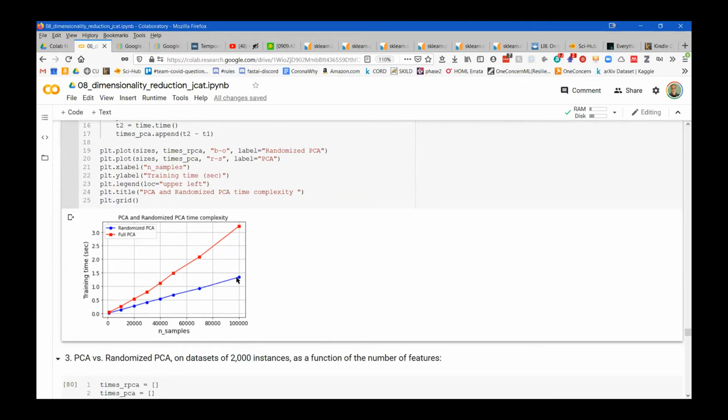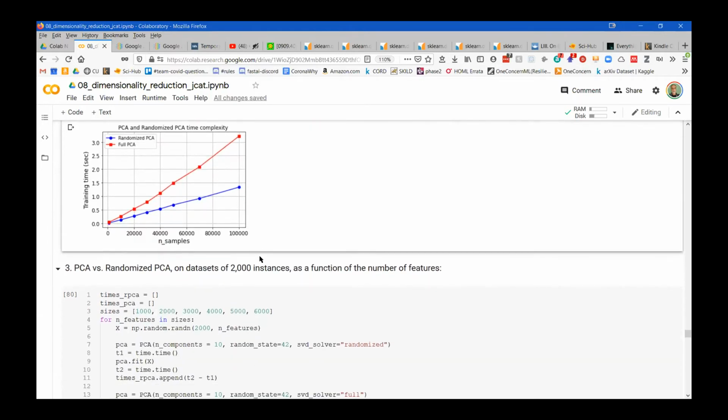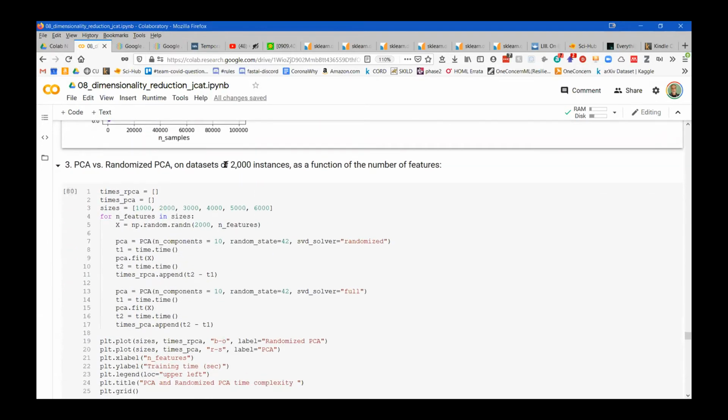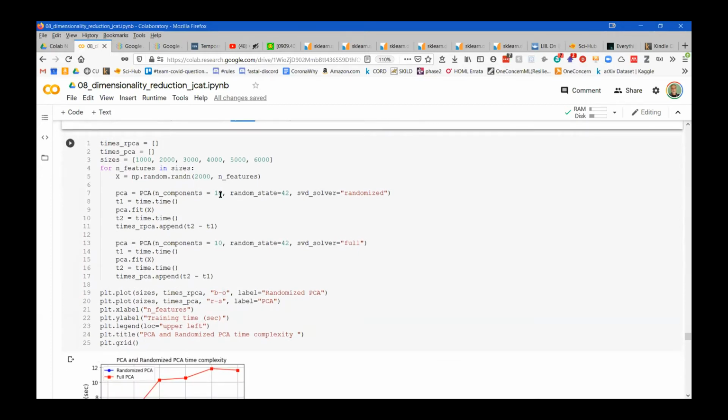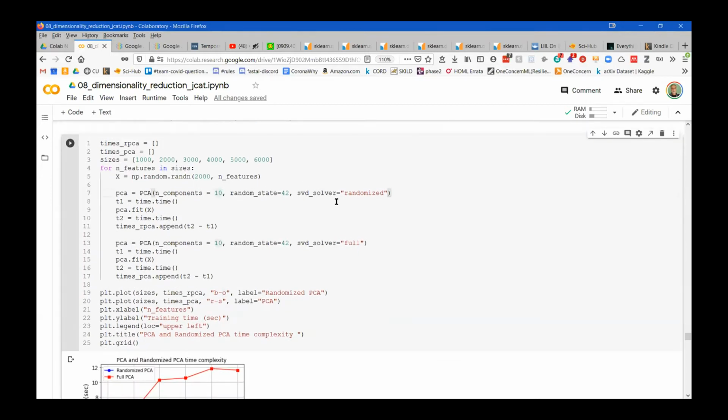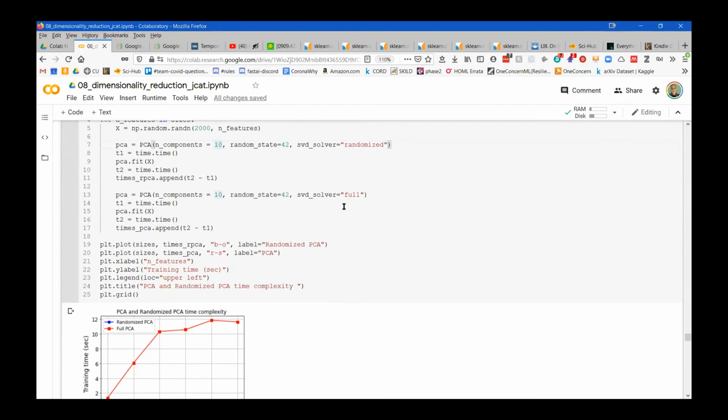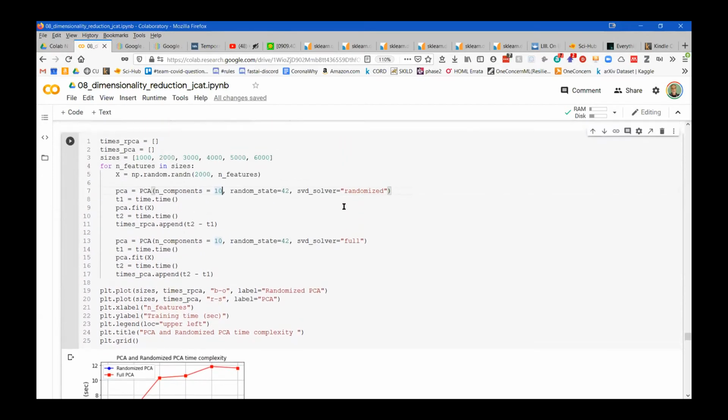a significant speed advantage in training. And then in the next example, he fixed the data set to 2,000 instances, and he's looking at the time complexity as a function of the number of features, going from 1,000, 2,000, 3,000, and so on. I left that the same, except his number of components was 5, and I made it 10 just to make it a little more challenging, and it didn't take that much longer.